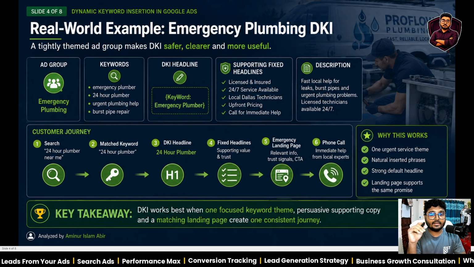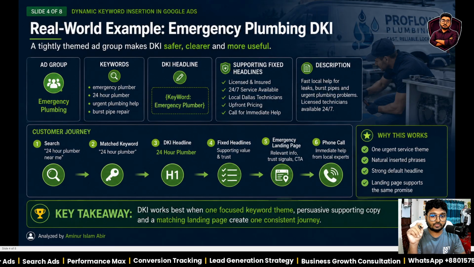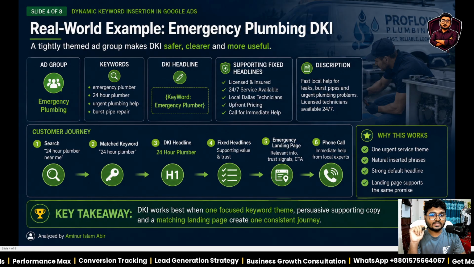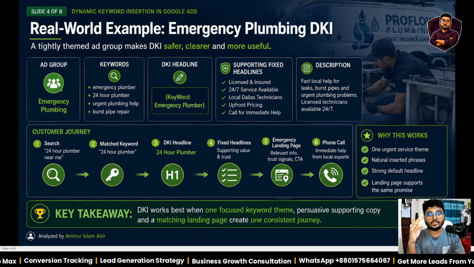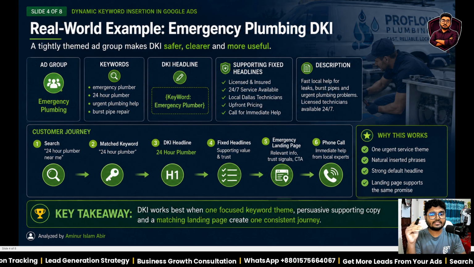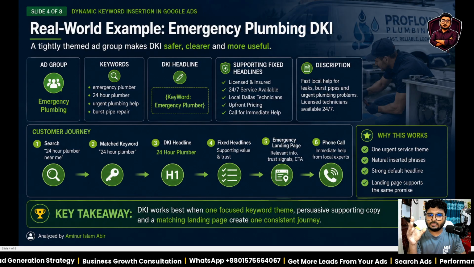The DKI headline may display 24-hour plumber. The customer may also see licensed and insured and call for immediate help. After clicking, the customer reaches an emergency plumbing page containing emergency plumbing in Dallas, 24/7 availability, a clickable phone number, local trust signals, and an immediate call to action. The setup worked because every keyword represents urgent plumbing intent.